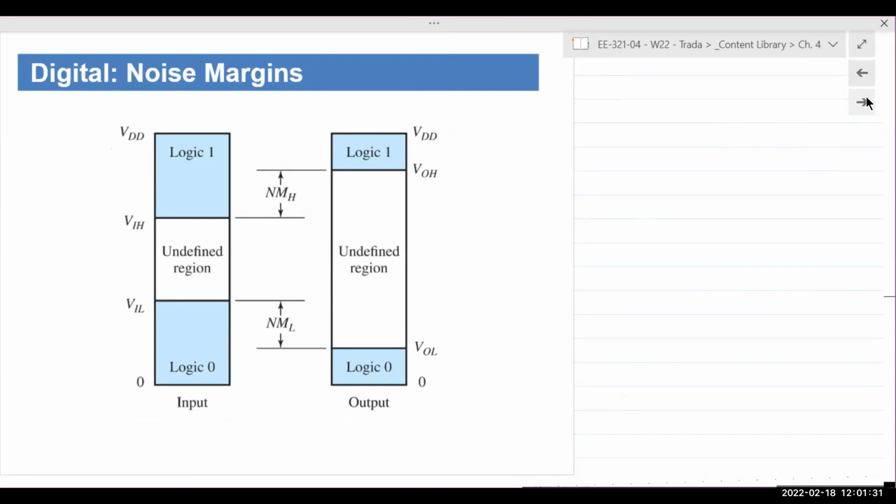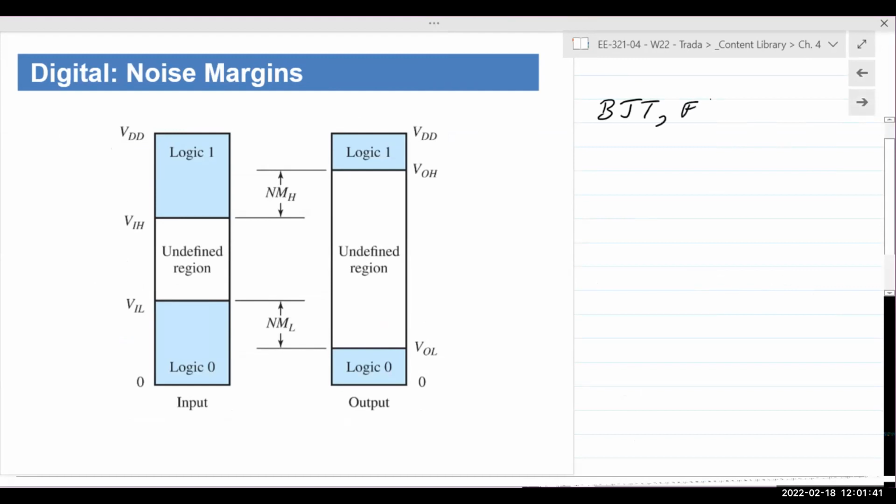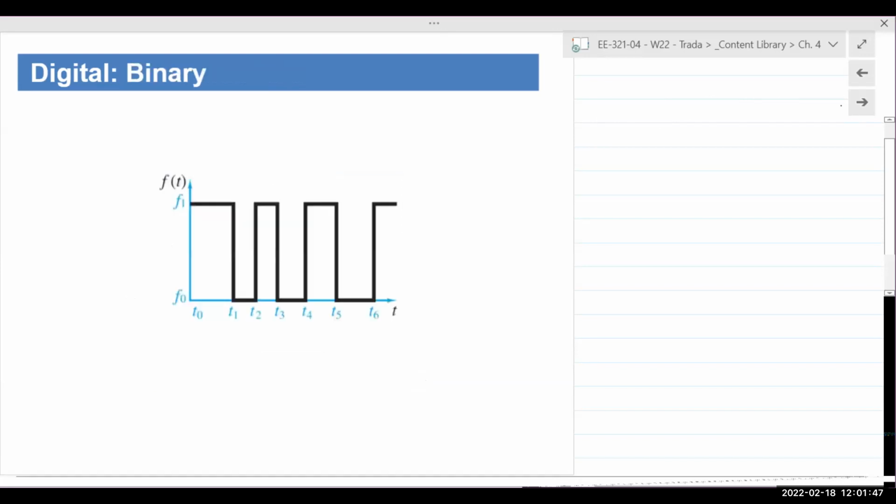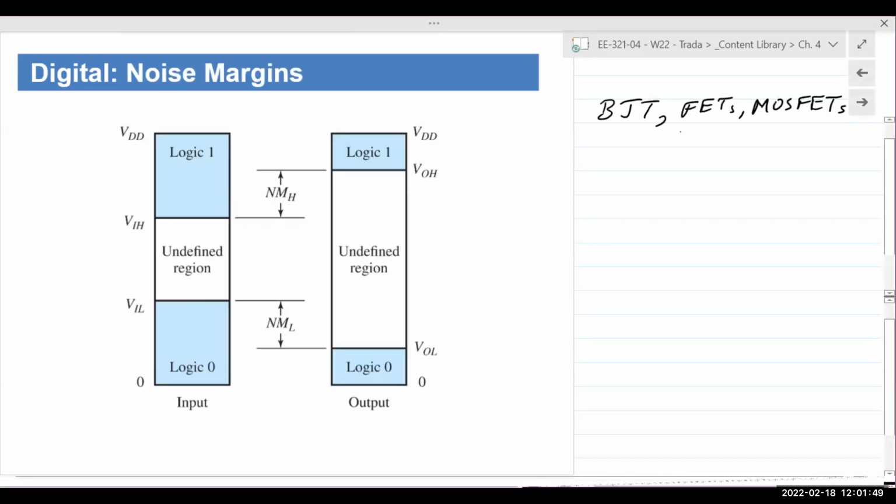The concept of using digital logic is based on using our devices such as the BJT transistors, FETs, MOSFETs. These are all kinds of transistors, and all those transistors are operated as switches. Okay, operate as switches.